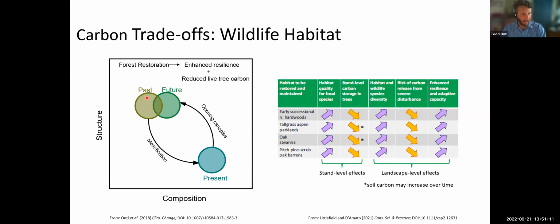So in the past, they had a certain structure and a certain species composition, but over time, through the lack of fire, through the lack of active management, shade-tolerant species filled in those systems, and we had a very different structure, closed canopy conditions, and a different composition where we had a lot more of that shade-tolerant species.